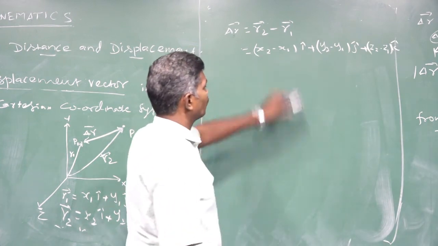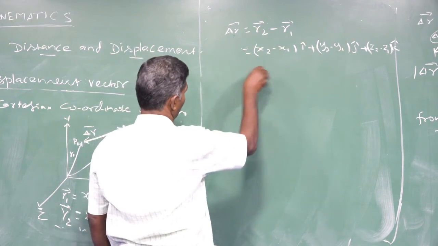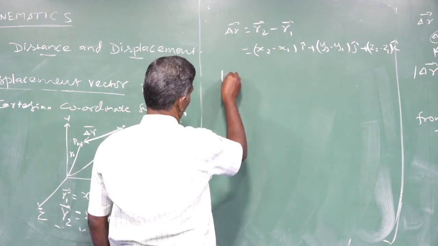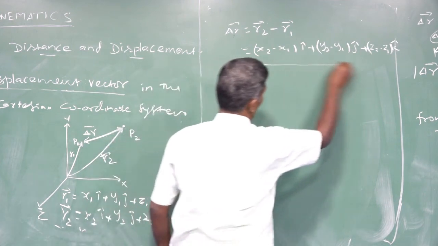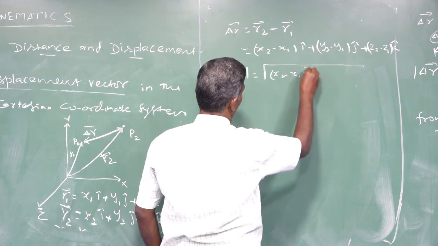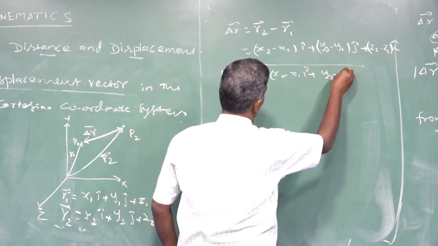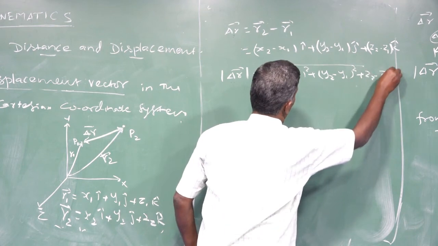So it contains both magnitude and direction. Suppose we need magnitude only, means modulus of del r vector is equal to the square root of x2 minus x1 whole square plus y2 minus y1 whole square plus z2 minus z1 whole square.